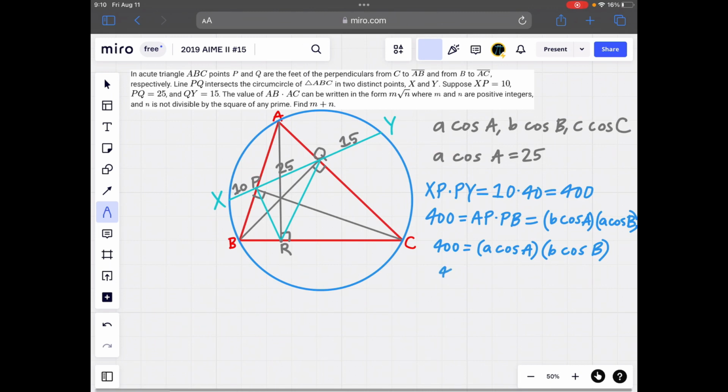So we can write 400 equals 25 times b cosine B, which is just PR. And so we have PR equals 16. So we can label this as 16.